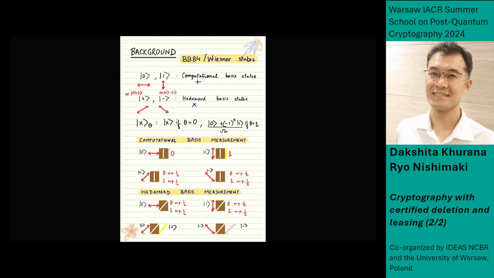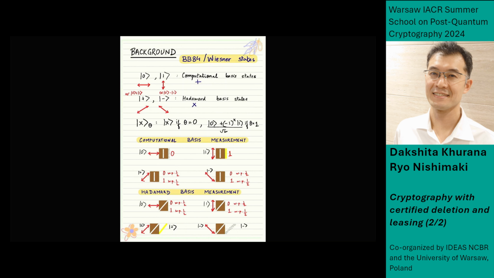If theta is equal to 1, then we apply a Hadamard gate and get the superposition of ket 0 and ket 1. This is essentially the same as what Omri explained yesterday.